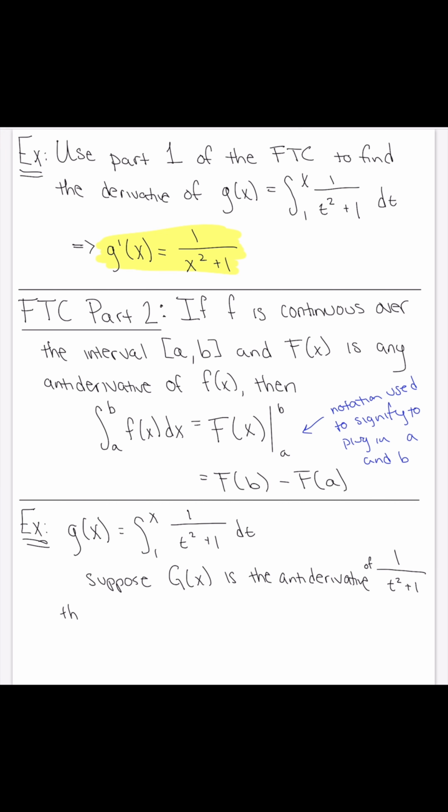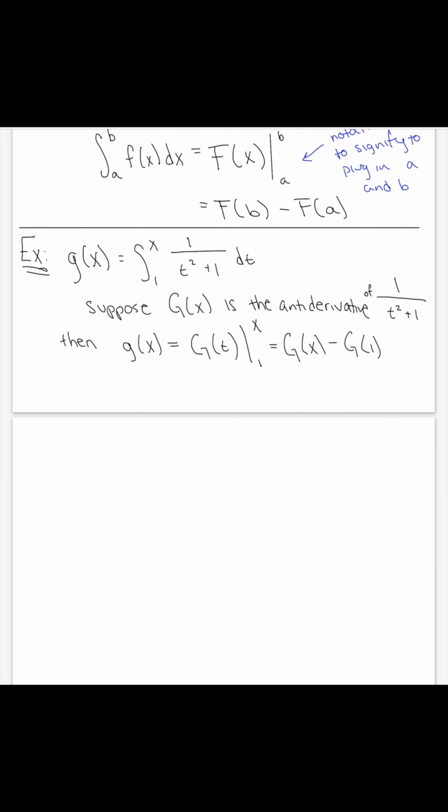Then what we just learned is, if we do this integral, we can just take the antiderivative, which we're calling capital G. In this case, we integrated with respect to t, so it's still going to be t, but then we evaluate that at 1 and at x, which means I first plug in the top bound, so I plug in x, and then I plug in 1. So now I have that g of x is equal to capital G of x minus capital G of 1.